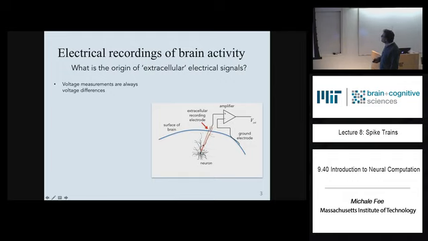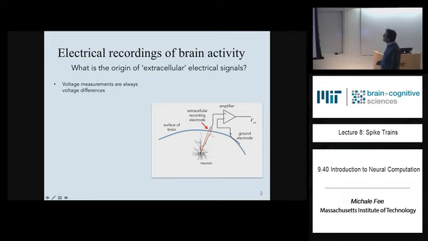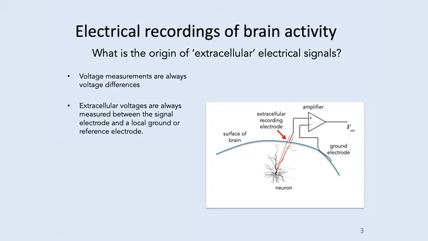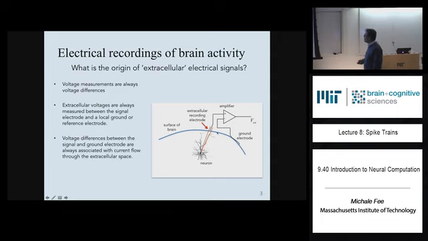So we connect the electrode to the plus terminal, and we connect another electrode called the ground electrode that can be placed in the brain some distance away from the brain area that we're recording from, or the surface of the skull. Okay, so we're measuring the voltage that's near a cell relative to the voltage that's someplace further away.